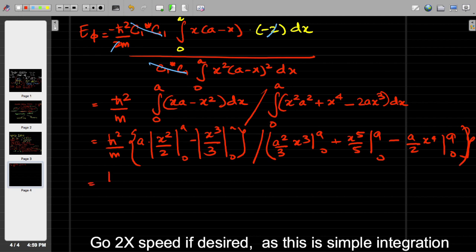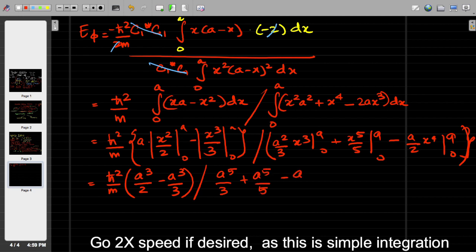So let's substitute these values, h cross square by m, a cube by 2 minus a cube by 3, that is the numerator, divided by a power 5 by 3 plus a power 5 by 5 minus a power 5 by 2. So simple math is going to help us. All these are prime numbers, so you're going to get something like a cube by 6 in the numerator, divided by the whole divided by 30.